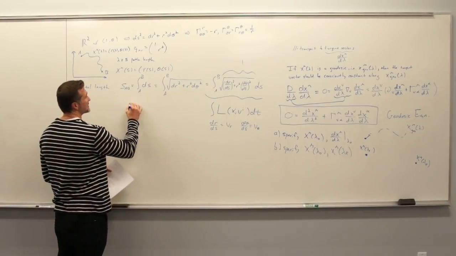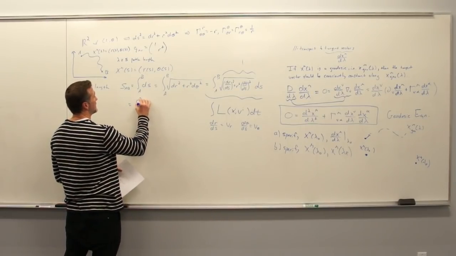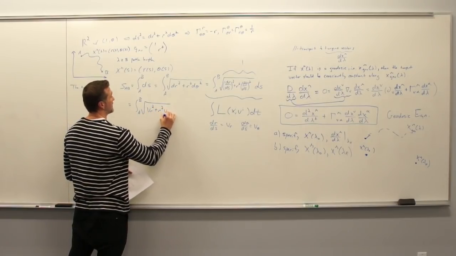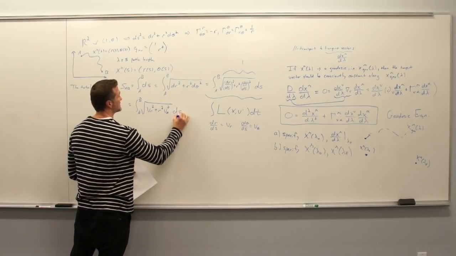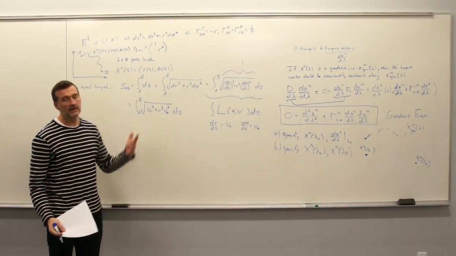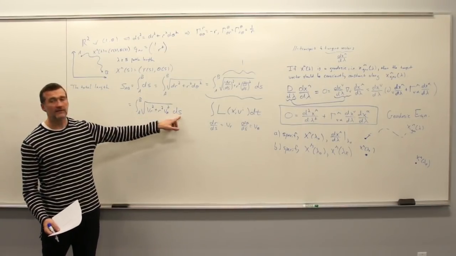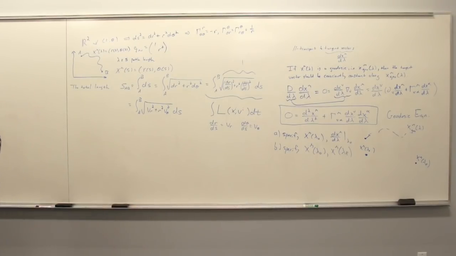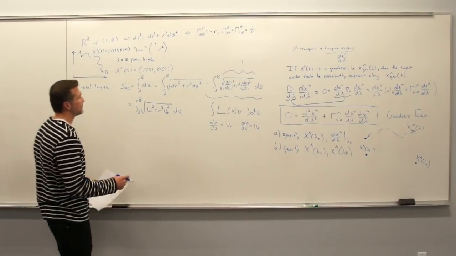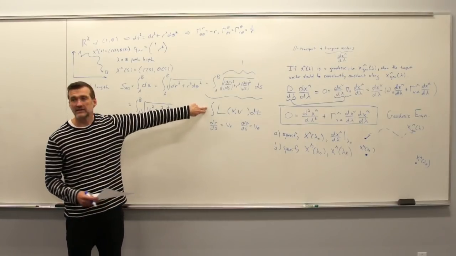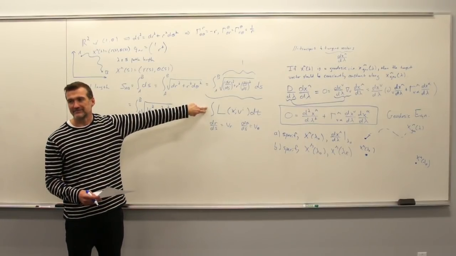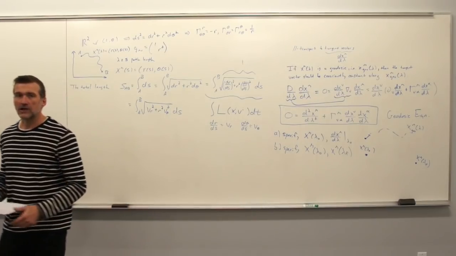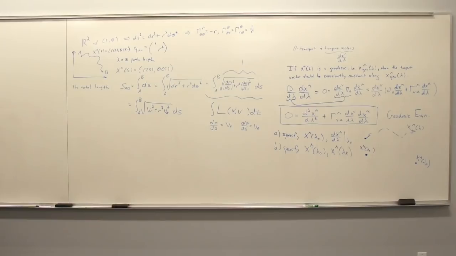And so this guy is just going to become the integral from a to b of the square root of v r squared plus r squared v theta squared ds. And this looks just like a Lagrangian, where instead of thinking about time as the parametrization of everything, we use s. Okay? Well, you guys know how to do this, most of you. If I want to extremize a Lagrangian, where does that lead me?